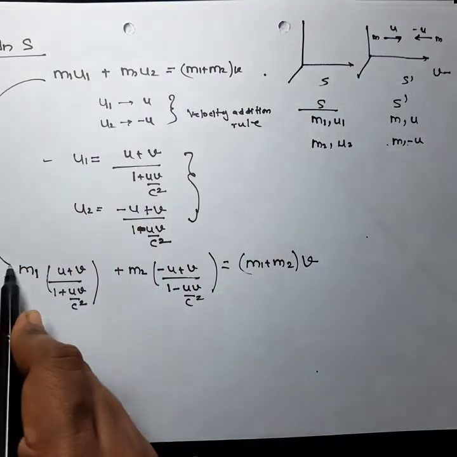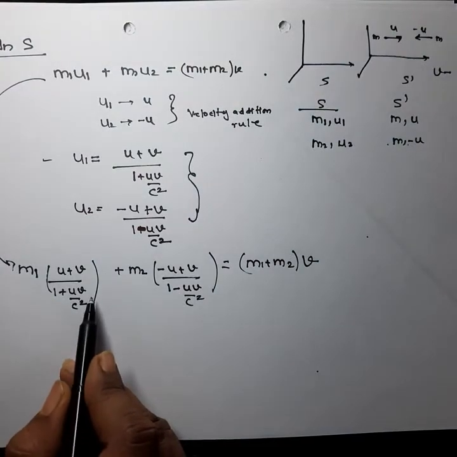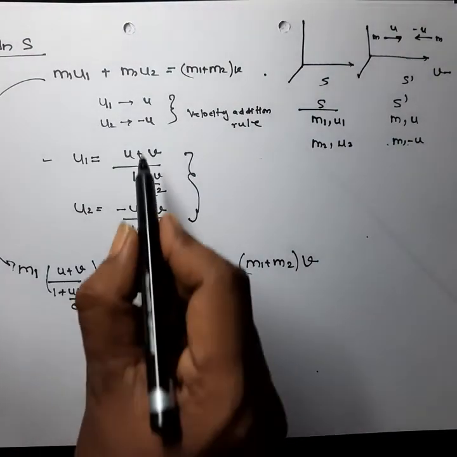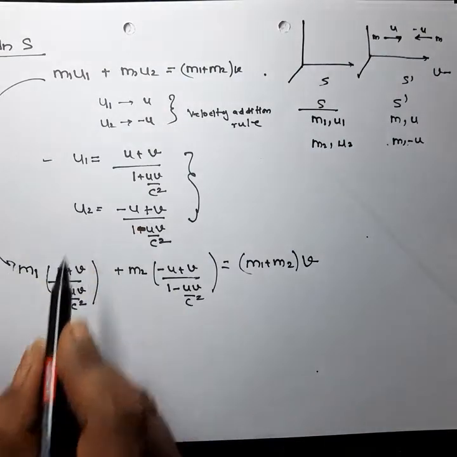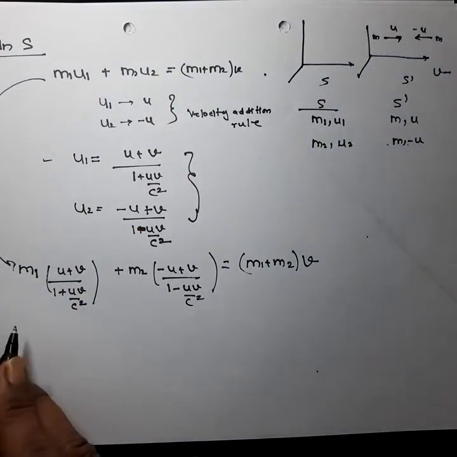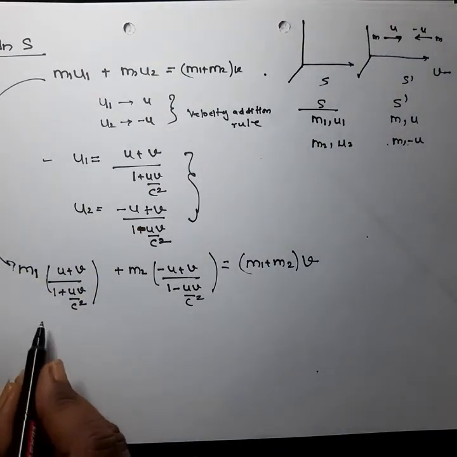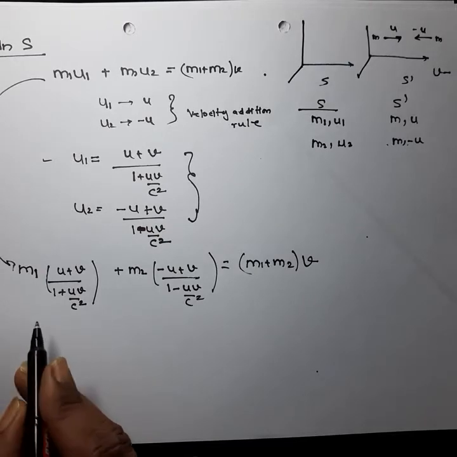So we have written this equation by adding the velocity addition expressions. Now we have to simplify this.